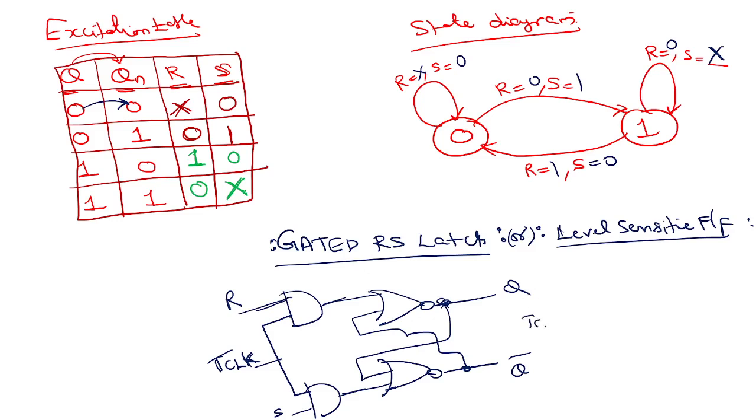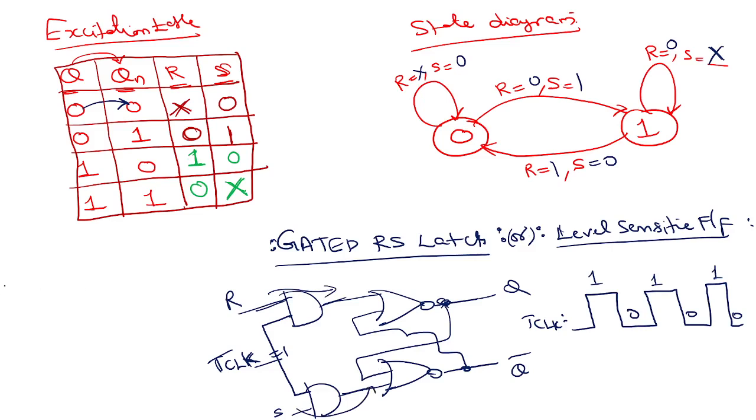What this clock does is, like a watchdog, it will have zeros and ones in it: 1 0 1 0 1 0. Whenever T clock becomes 1, these inputs will be supplied to this.